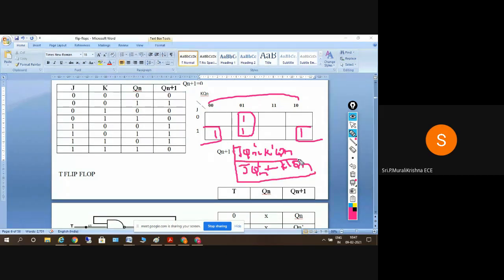So J Q bar plus K bar Q. So far we got S plus R bar Qn for the SR flip flop, and for the D flip flop, Q of N plus 1 will equal D, and this is for JK.